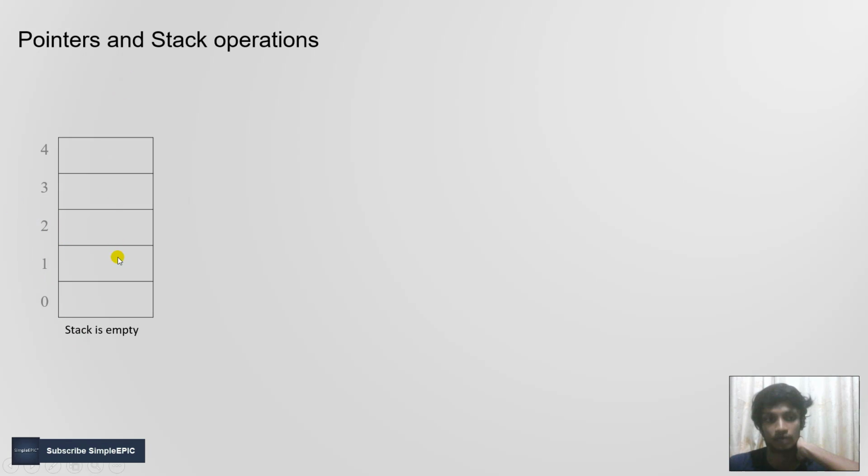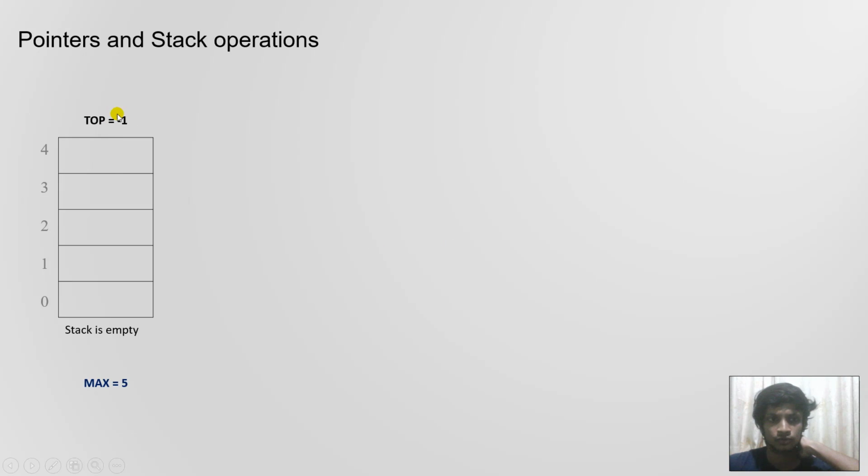Likewise, it increments up to the end. Basically, this is an identification of a place in the stack, known as the indexing. So what this graphical representation says is our stack is empty at the initial state.